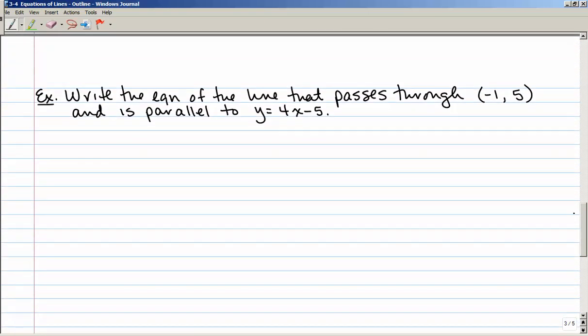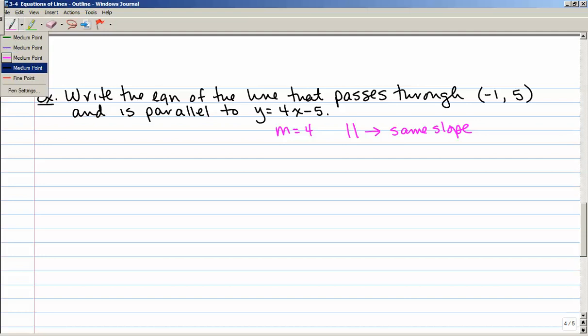Next example says write the equation of the line that passes through the point -1, 5 and is parallel to the line y equals 4x minus 5. So what I do know is that the slope of this line is 4, and since I'm looking for a parallel line, I'm going to use the same slope. Parallel lines have the same slope, so the slope that I'm going to use in my equation is 4.